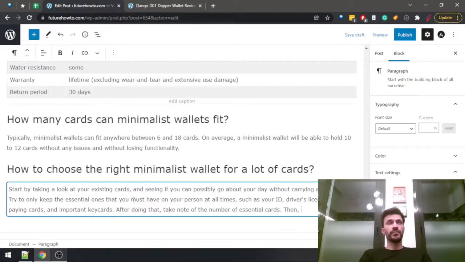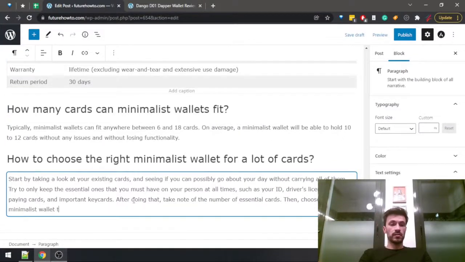Then choose your minimalist wallet that can fit at least that number of cards, and try to go about 2-3 higher if possible.